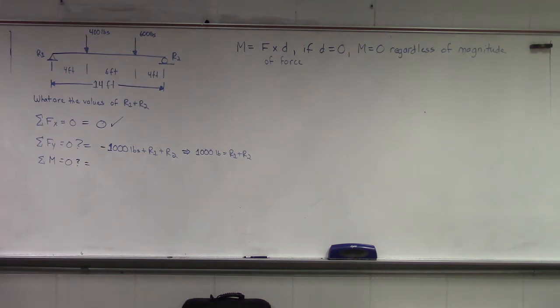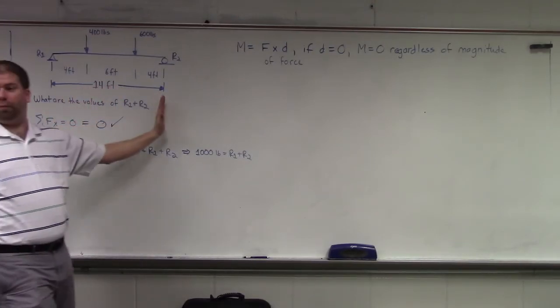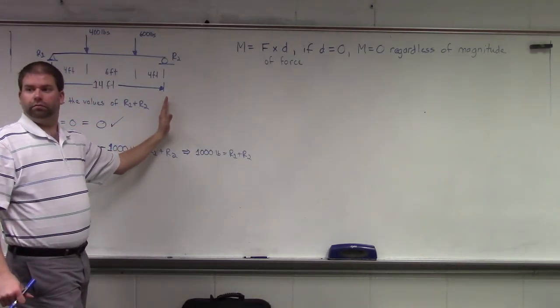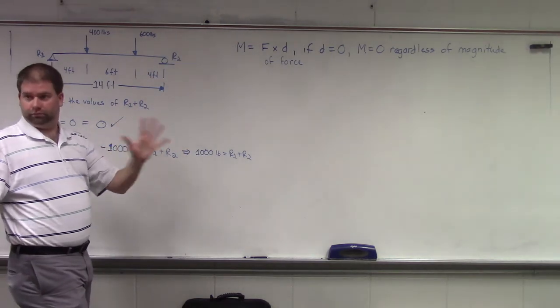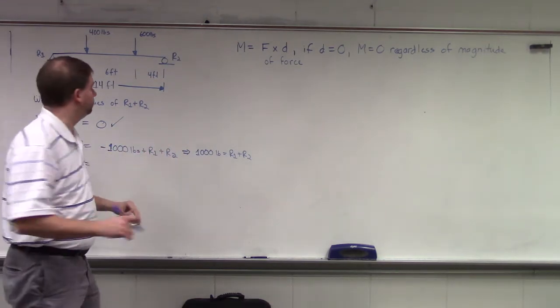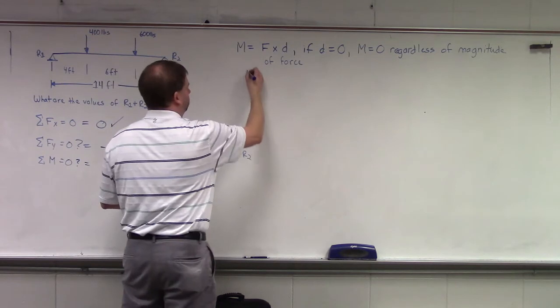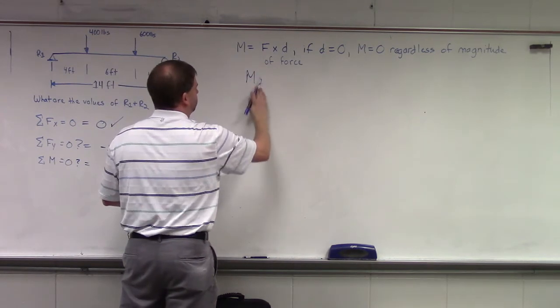Well, what the book says is you take 4,000 times the distance from R2, and then the 6,000 times the distance from R2, add them together and subtract them from R1. Okay, so you want to look about point 2. Correct. Either is fine. Okay, so let's look at moments around R2.